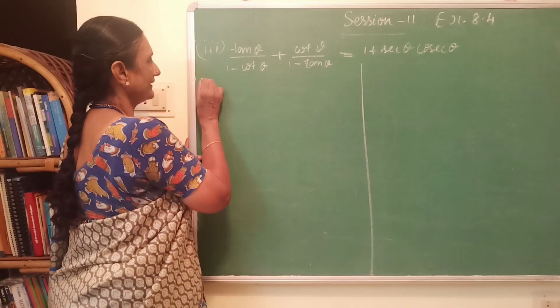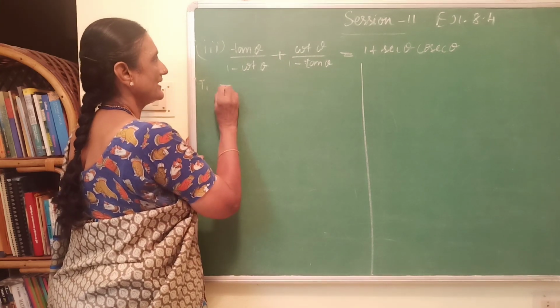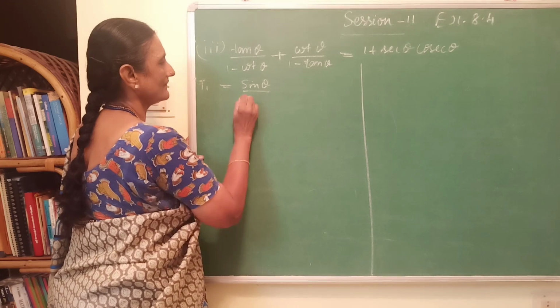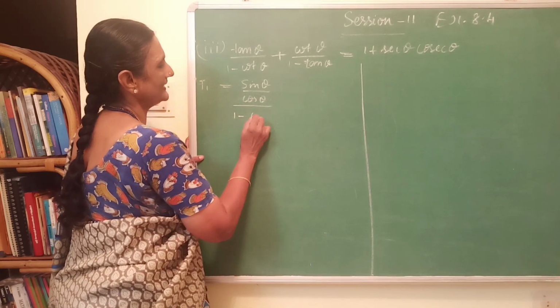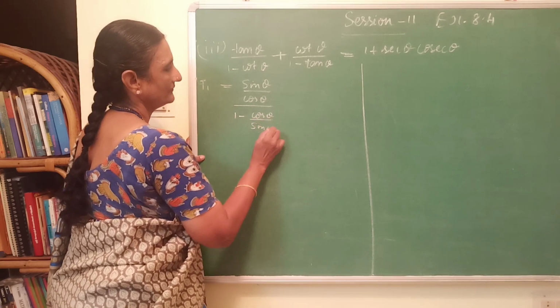So I will use the words T1 and T2 for the two terms. T1 will become sin theta divided by cos theta, divided by 1 minus cos theta divided by sin theta.